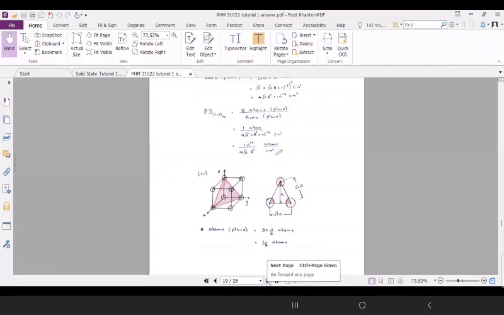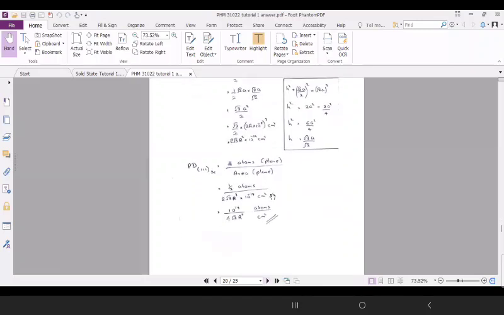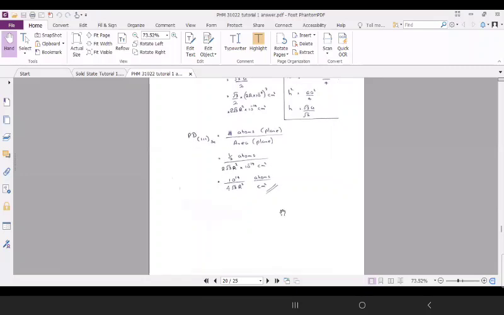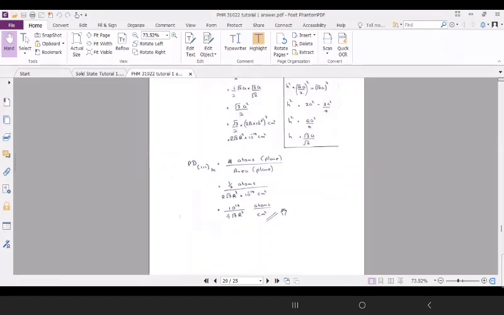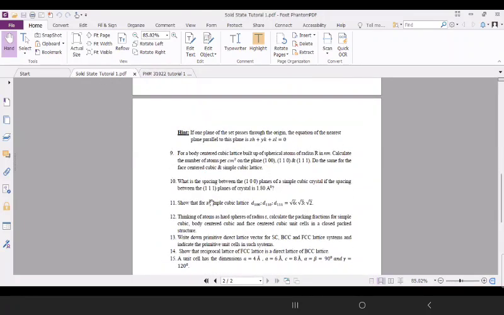So using that basic concept, you can get the PD value for this coordinate 111 for simple cubic. I guess it's a very easy calculation. Then you can get the idea after getting the answers, I guess. Okay, then we will move to the next question.